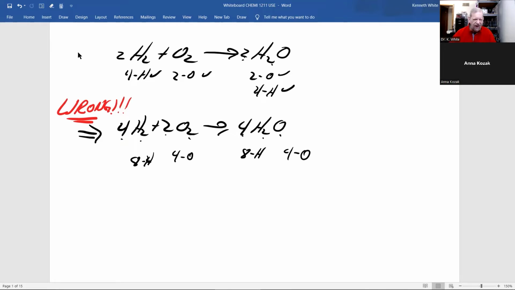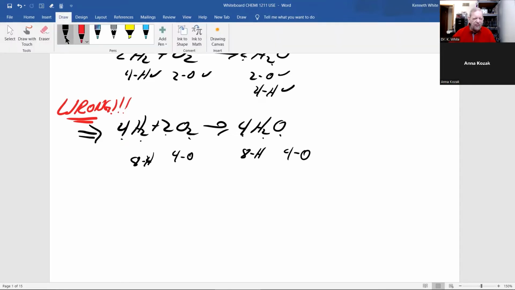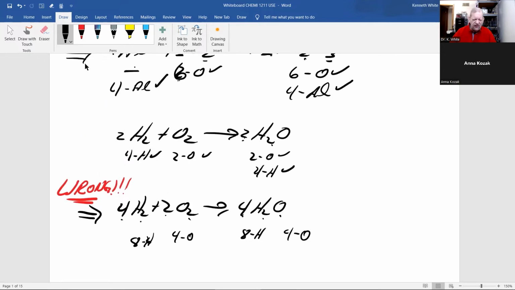Why is this wrong? If you have an equation and you can divide all the coefficients by the same number and get a whole number, then you have to do that. Because in a balanced chemical equation, if you've done it correctly, you cannot divide all the coefficients by the same number and each afterward get a whole number.